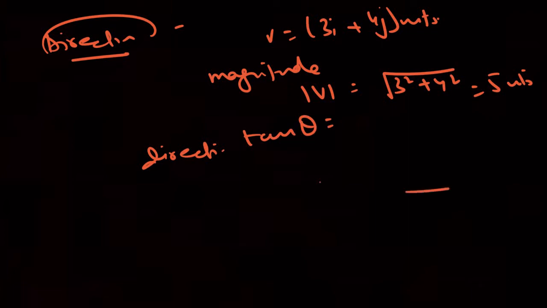If you draw this on the x and y axis, right? So you have to find this theta, right? This is 3 and this is 4, this is y, this is x, right? So how will you be writing this? It would be tangent theta is equal to what? Base is what basically?